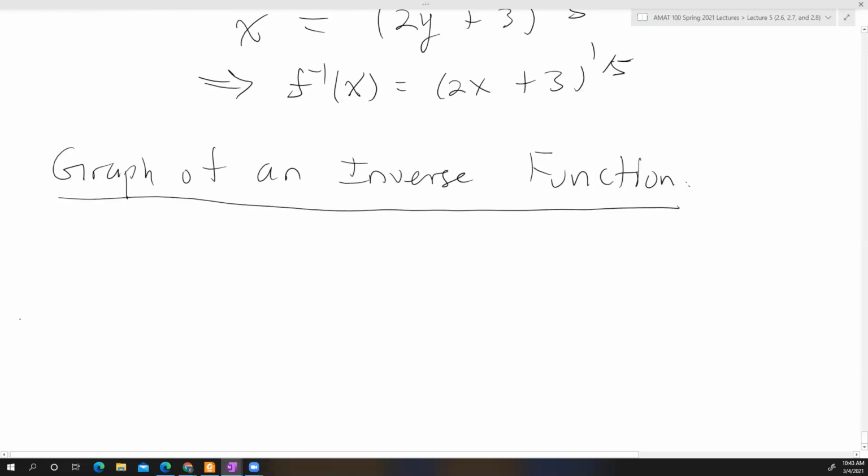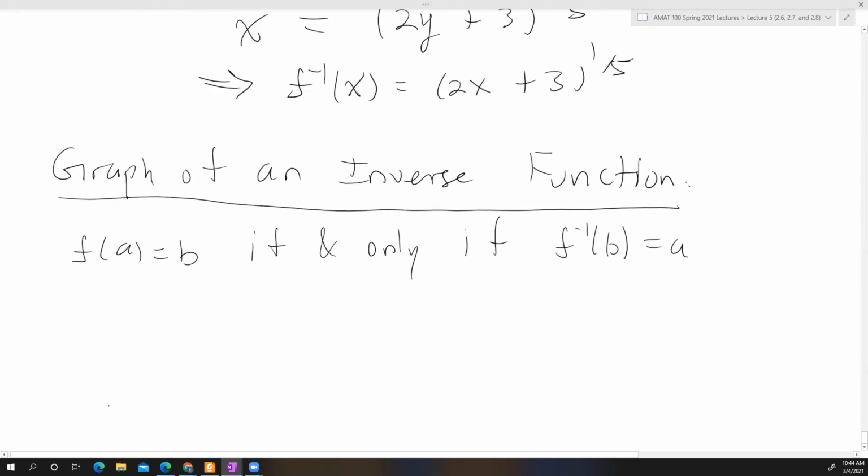So this idea of interchanging has a geometric interpretation to it. Again, suppose we have some function f, and it's invertible. This is the case if and only if f inverse of b is equal to a.